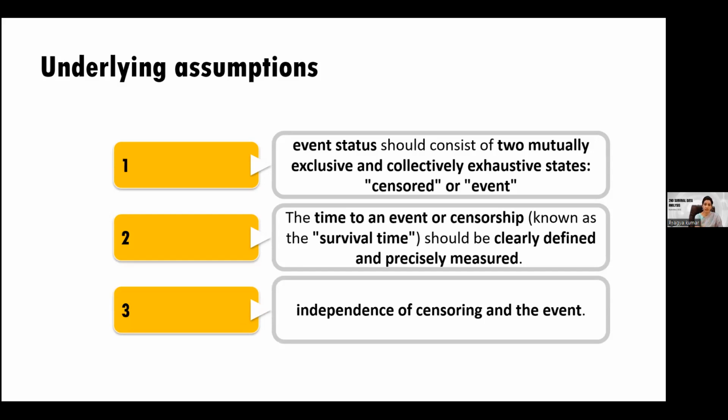Just to give you an example, if I'm studying recurrent attack of MI, the second attack of MI in all individuals who had a first attack, and there is a person who is lost to follow up, I will assume that if he had been in my study, he would have developed MI at this particular time point, or that the reason for his not coming to the study is not the MI.